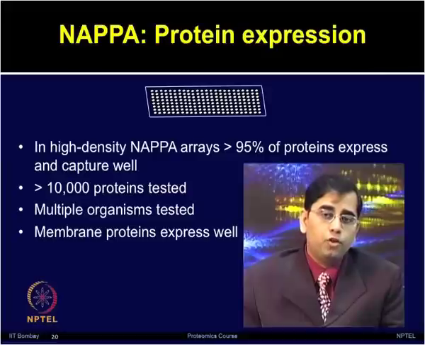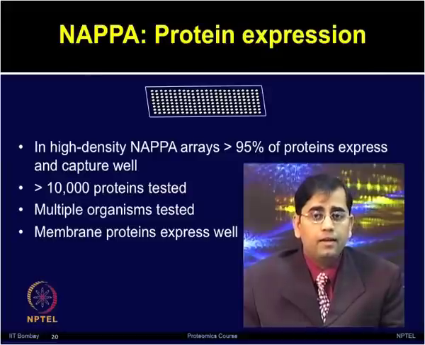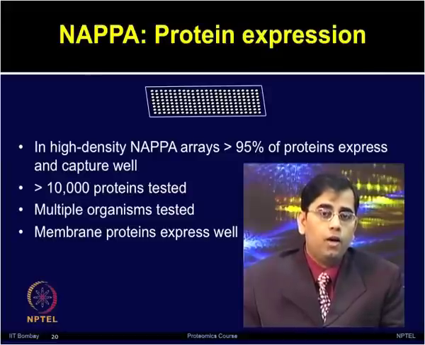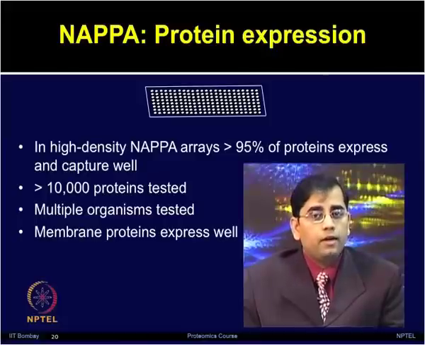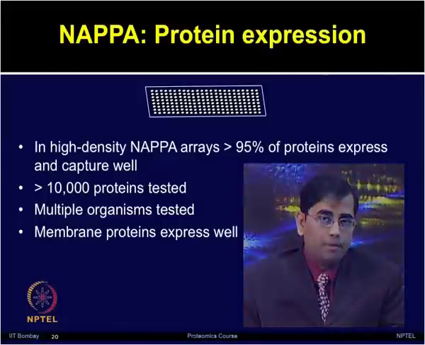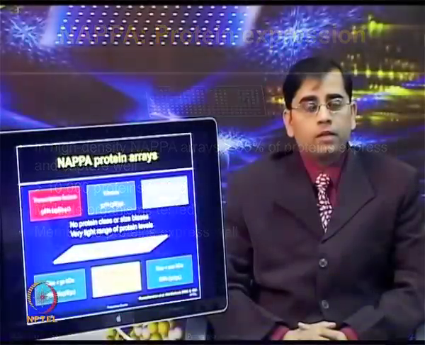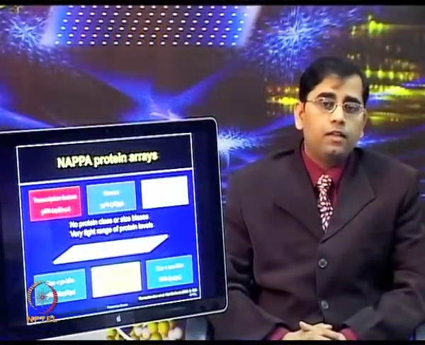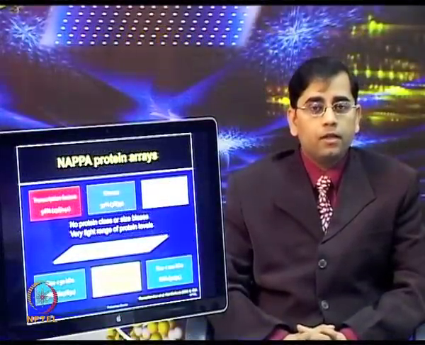A valuable aspect of NAPPA lies in its flexibility to allow a broad range of target immobilization and query detection schemes. So, as I was mentioning, in the NAPPA protein arrays, there is no protein class or size bias.